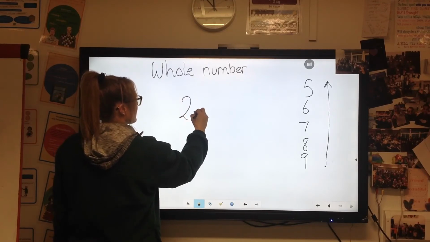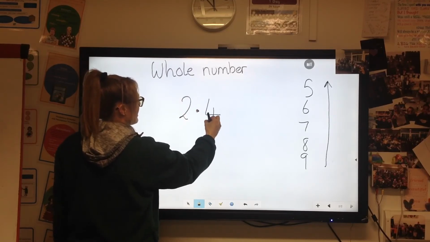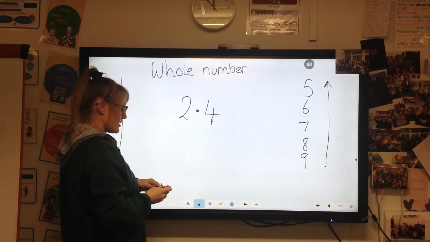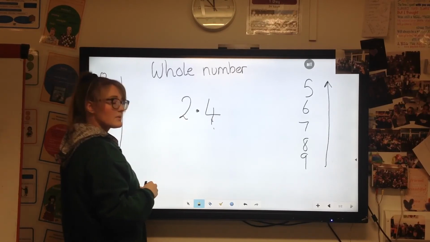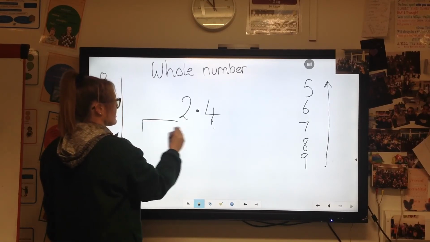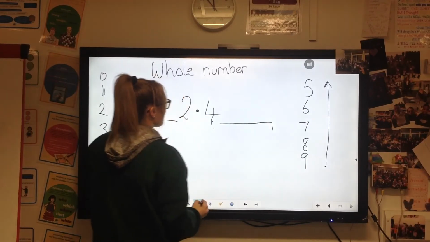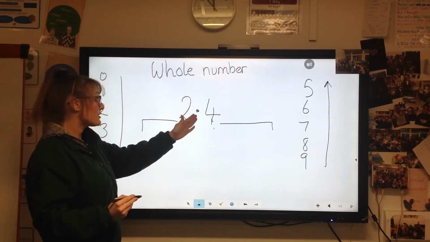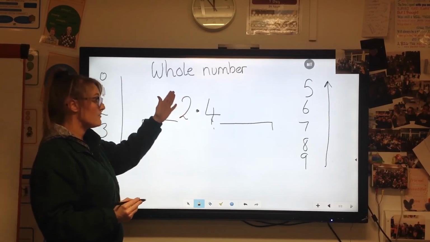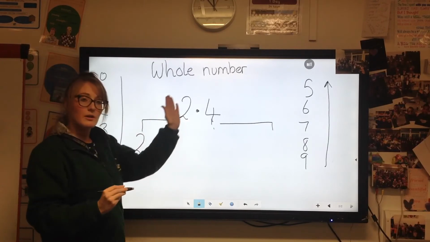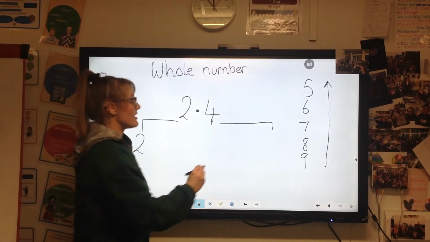2.4. So the first job we need to think about is what numbers does this decimal lie in between? So what are our two options? So always use this column here before the decimal point to help you. So we're either rounding down to 2, and what number comes straight after 2? 3.